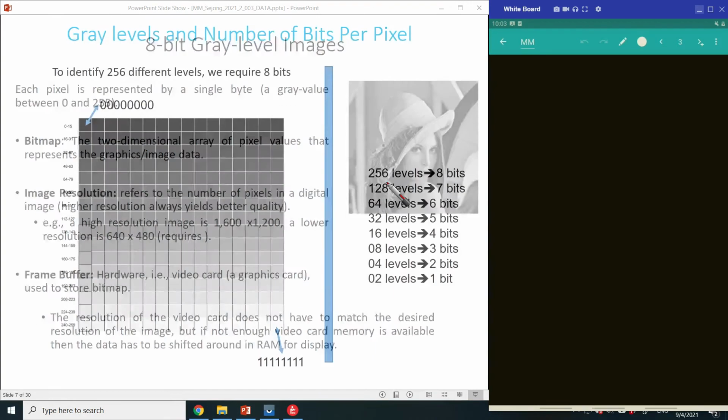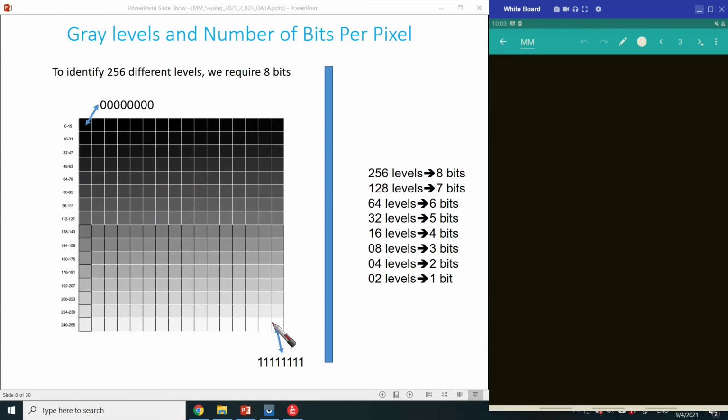Now think a little bit more. If the gray level of this pixel is 255, how can we represent this 255? The computer understands only 0 or 1.